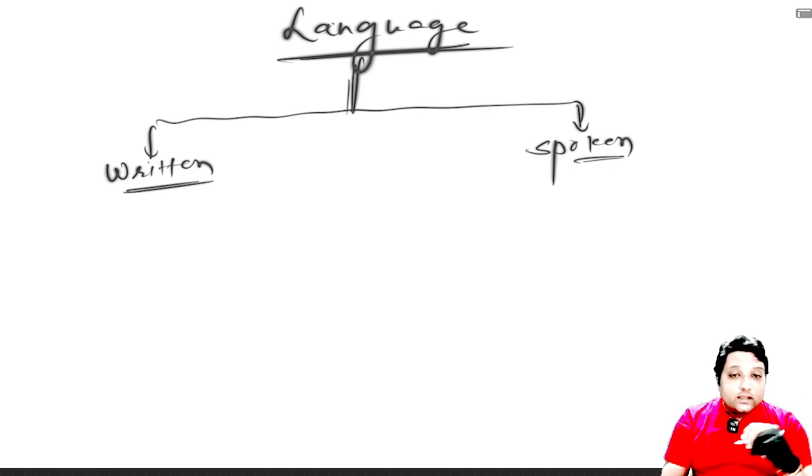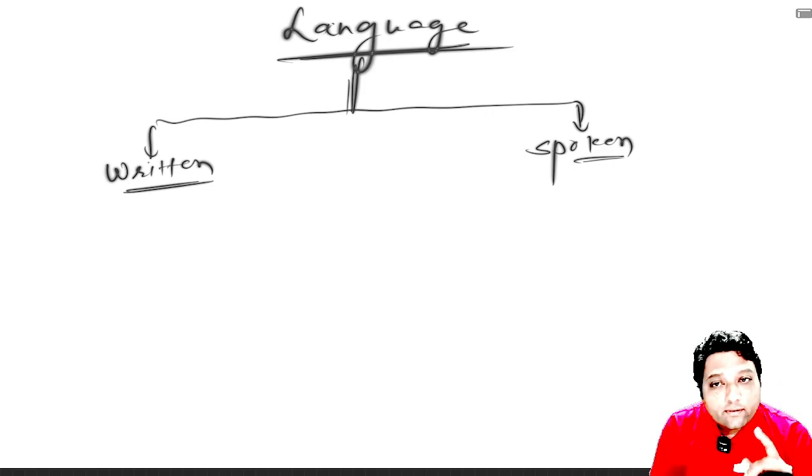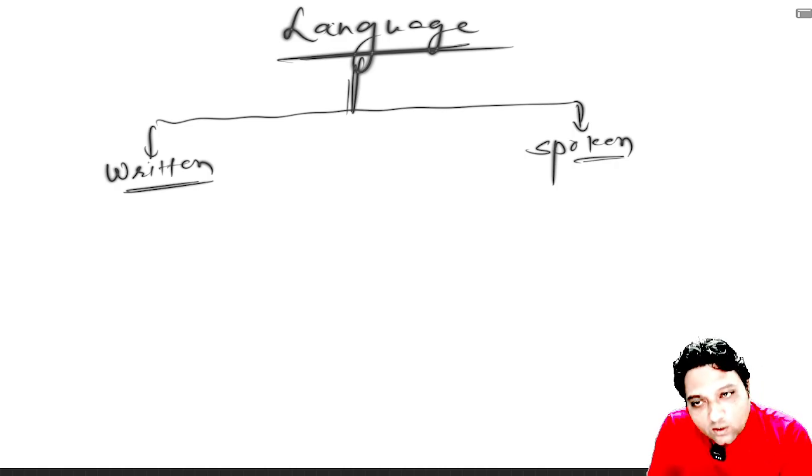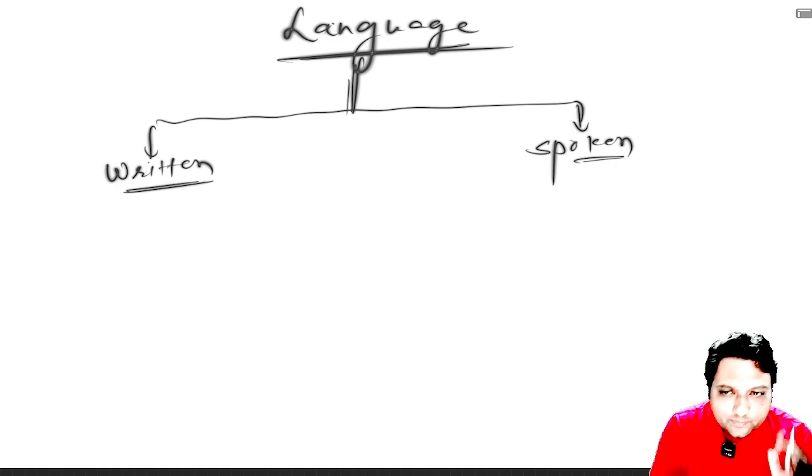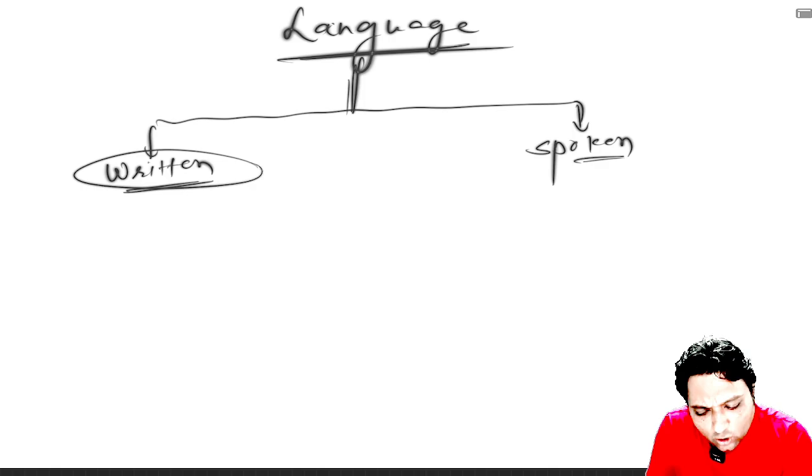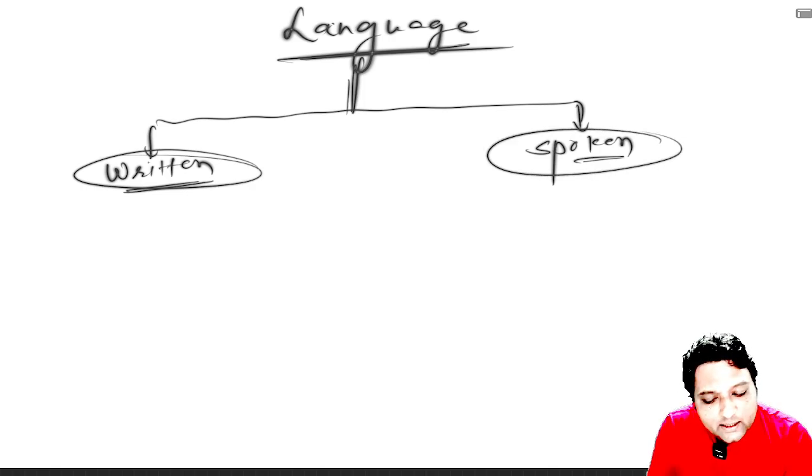So what is language? Language is a way of communication through signs and symbols in the form of written words or spoken words. Now speech has two types, written speech and spoken speech.